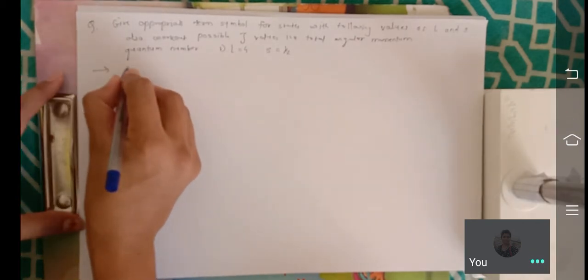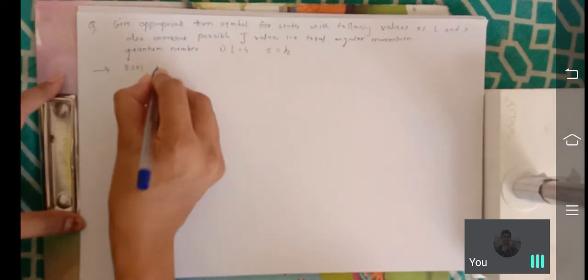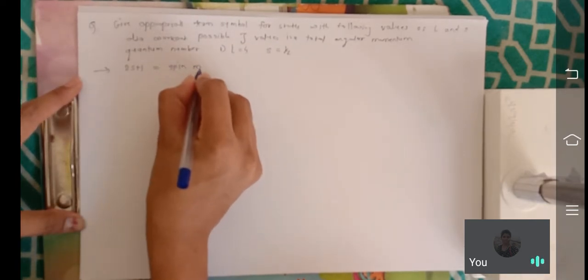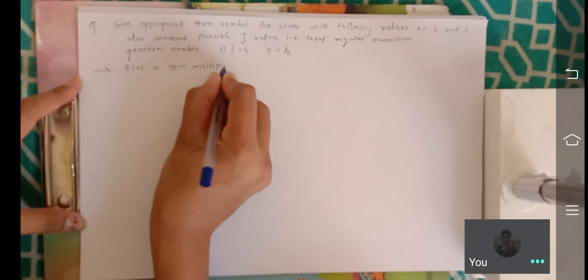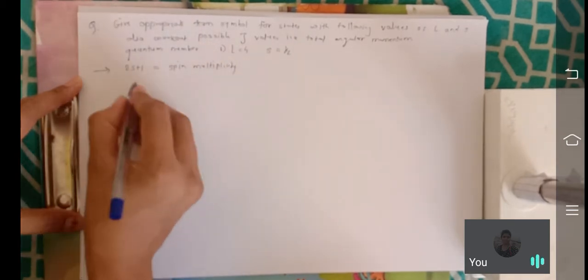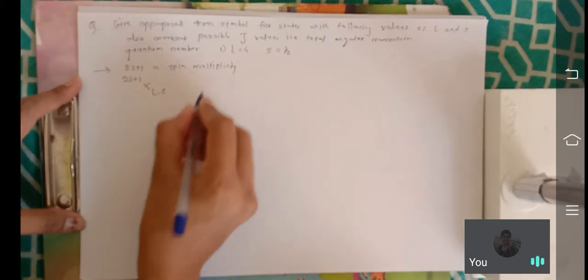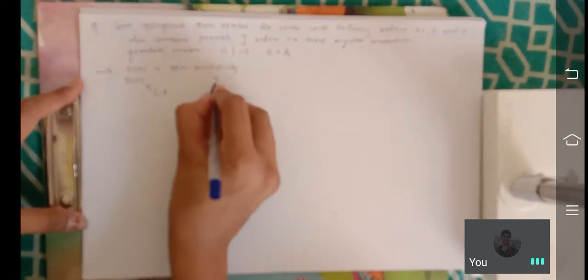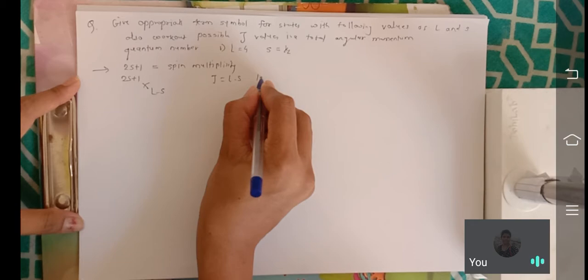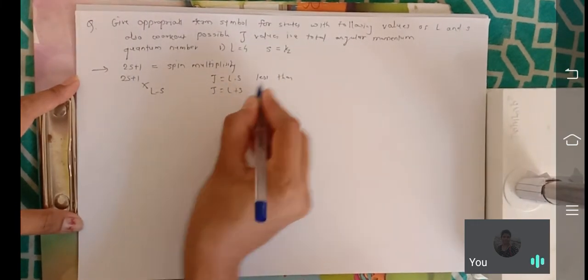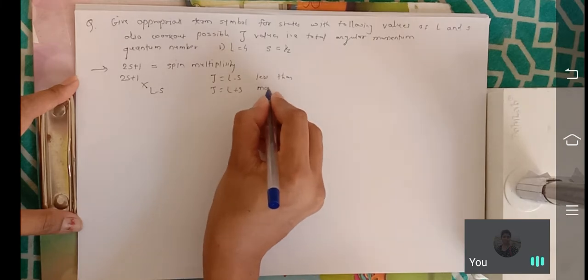First we have to calculate spin multiplicity. Twice S plus 1 means spin multiplicity. Then we write the formula: J is equal to L minus S means less than half filled, and J is equal to L plus S means more than half filled.